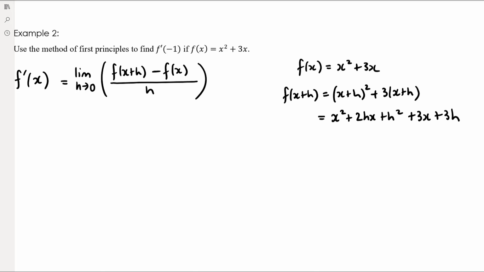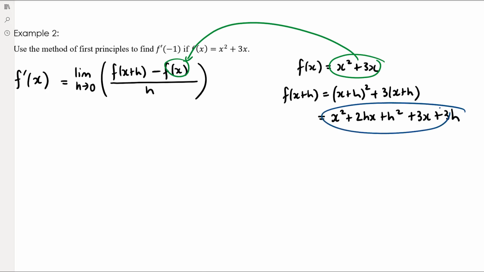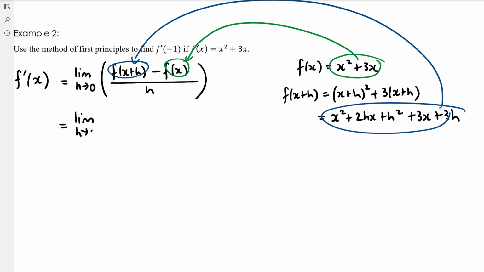Okay, so once again, this is f of x, that's going to go in there, and this is f of x plus h, that's going to go in there. Okay, so we're going to have the limit as h approaches 0 of x squared plus 2hx plus h squared plus 3x plus 3h.